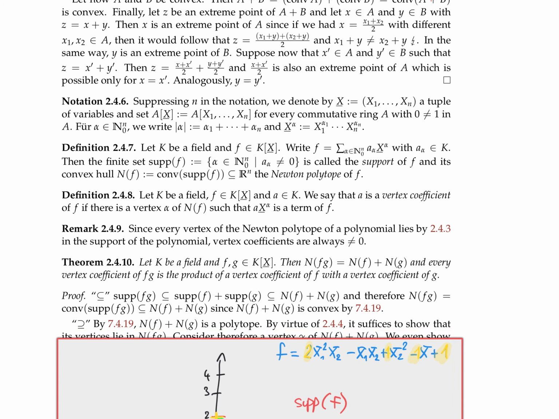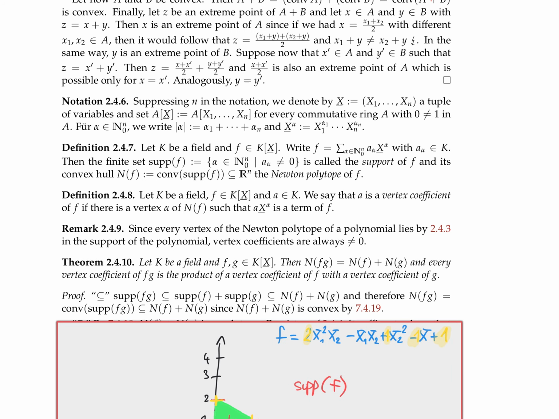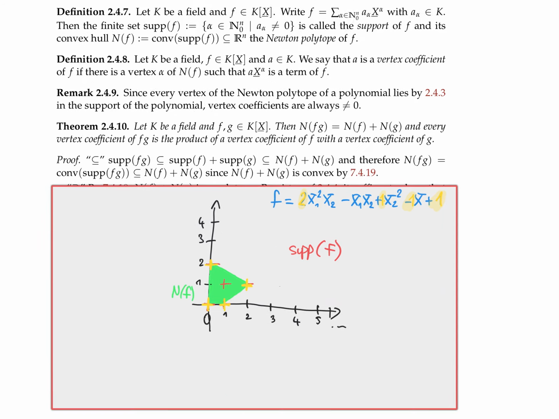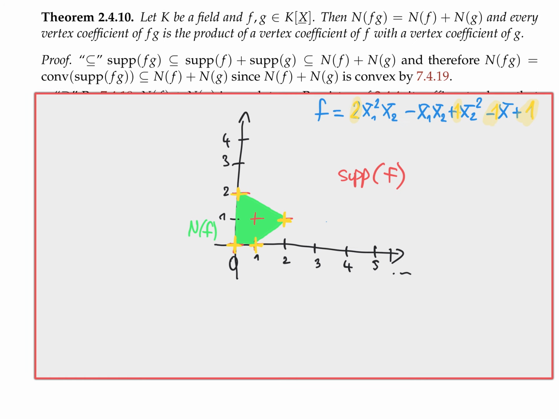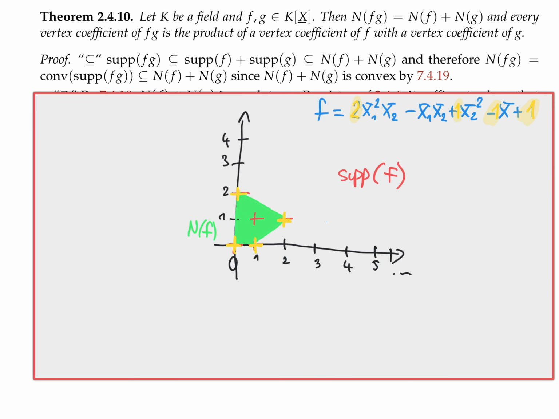Okay, so let's first prove the thing about Newton polytopes. First, let's prove that the Newton polytope of fg is contained in the sum of the Newton polytopes.